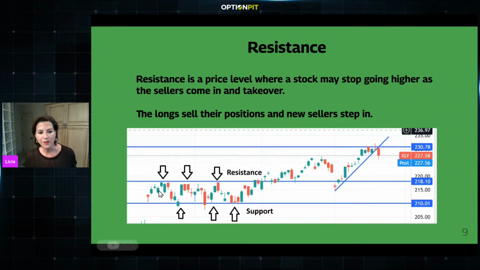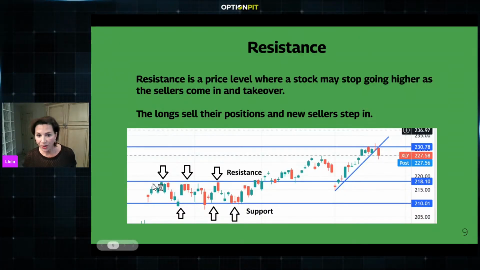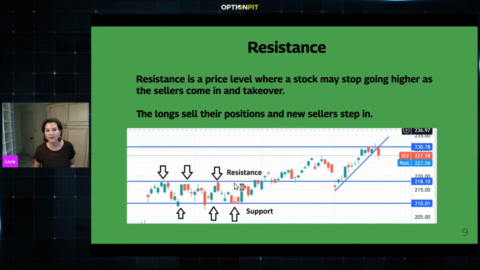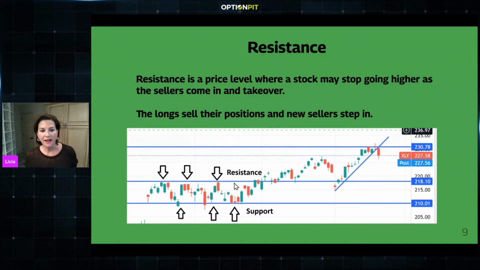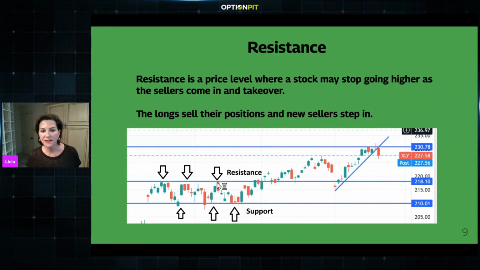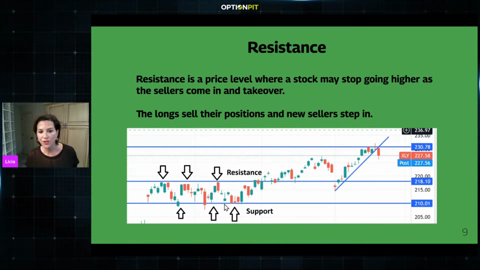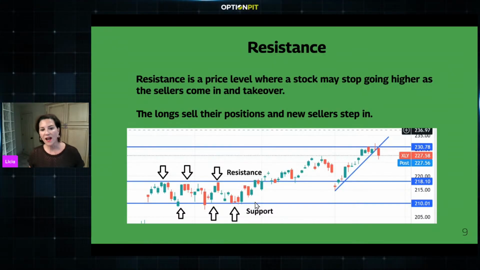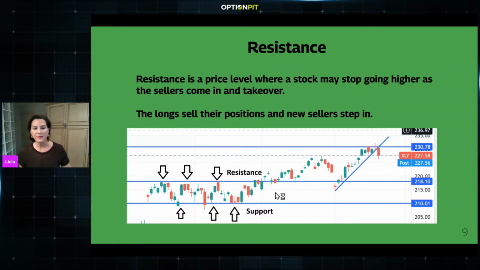There were several opportunities here to buy at 210, sell at 218. Pretty confidently. After you see it happen several times, you see the stock approaching that level again. You get a bearishness as it approaches the resistance, a bullish signal as it approaches support. You've seen it happen before. You have the confidence to go in and make this trade.